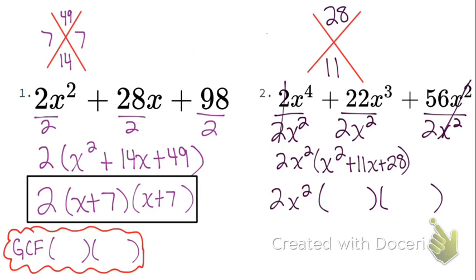Remember, you can use that yellow factor sheet that I handed out while we were still at school to help you out with this. If you look at your factors of 28, 1 times 28, 2 times 14, 3 doesn't work, 4 times 7. So which of those pairs adds up to 11? It would be 4 and 7. So x plus 4 and x plus 7 fill in the rest of my answer.